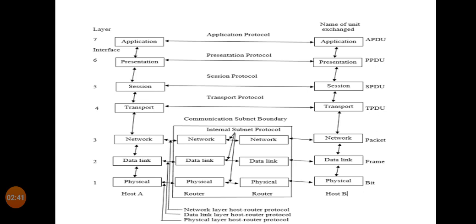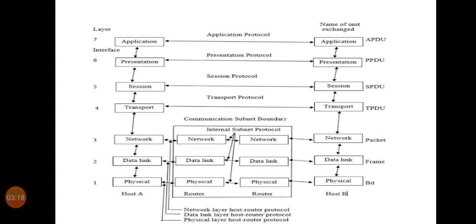Now let's see what the OSI model consists of. First of all, it has 7 layers: physical, data link, network, transport, session, presentation and application. The same layers are on the other side too, because there are two hosts, host A and host B. Host A is the sender and host B is the receiver.